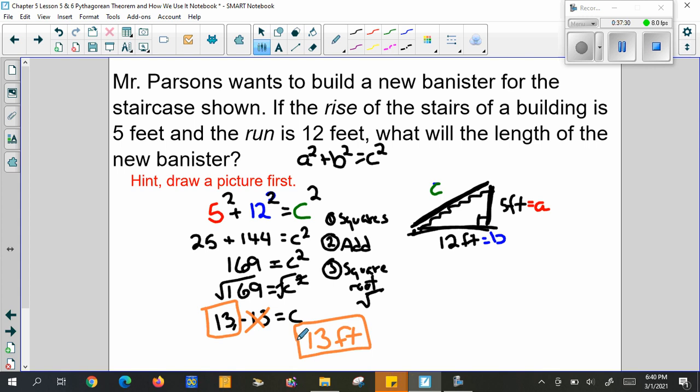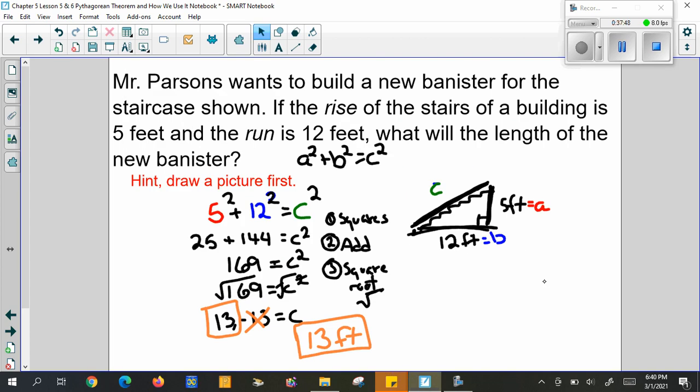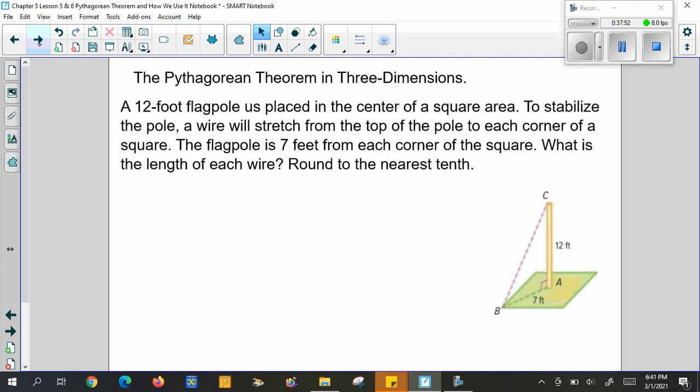A lot of examples in this video. I appreciate sticking with it, but we need to see different situations in which the Pythagorean theorem might be used. A three-dimensional example could be a flagpole.